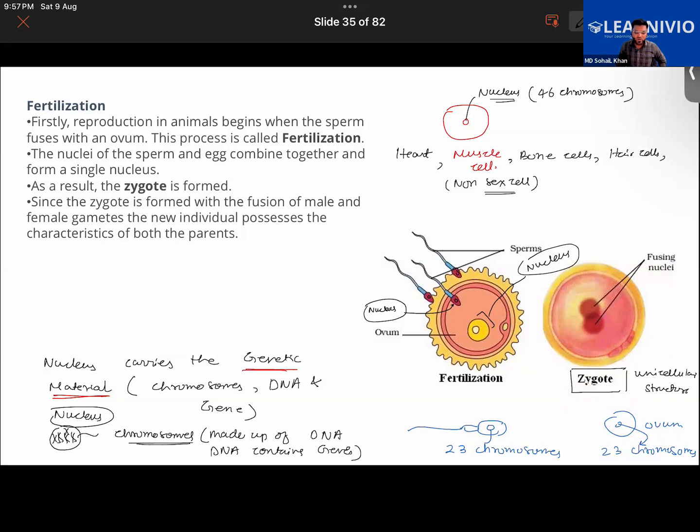But it is also important to note that some of the characteristics are dominant over others. Getting what I'm trying to say? Let me tell you something important. It might sound a bit funny or weird, but some people can roll their tongue, and some people cannot roll.